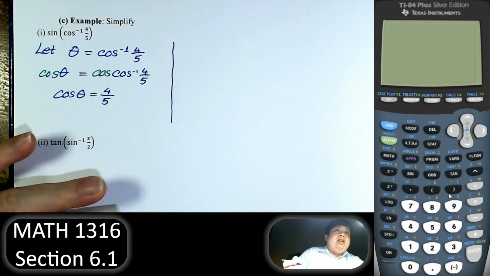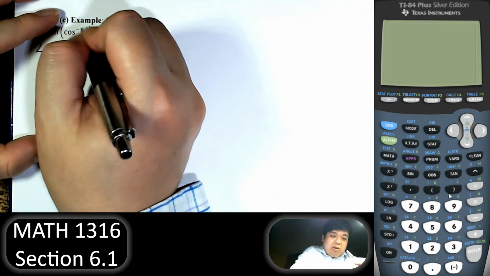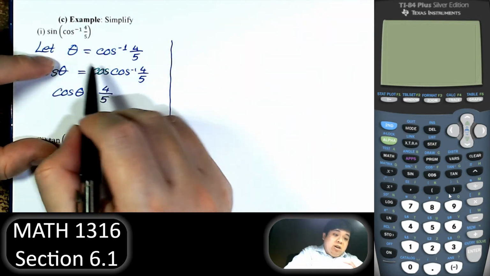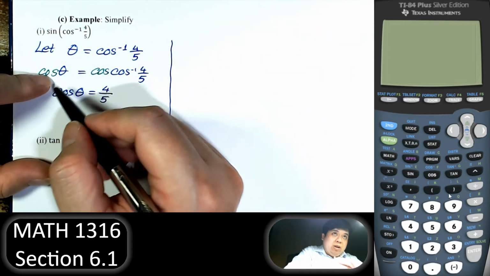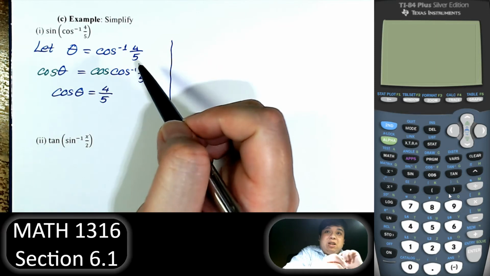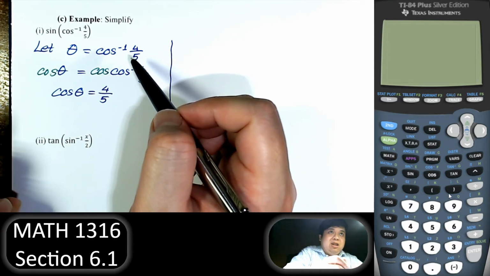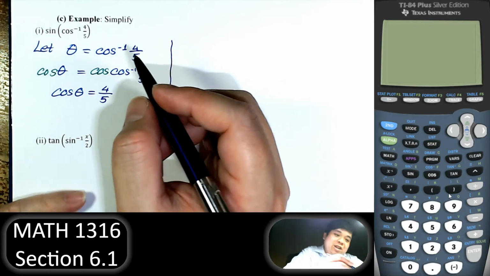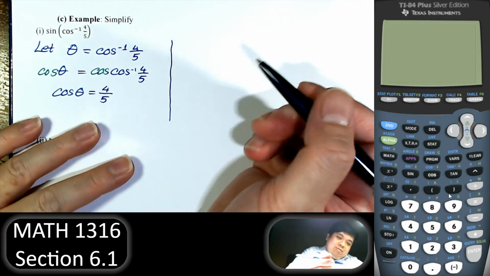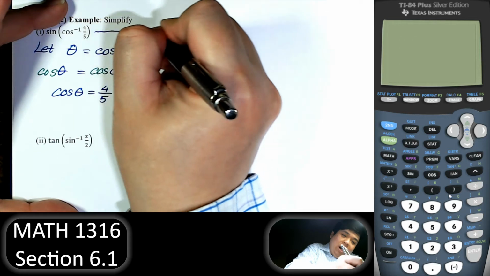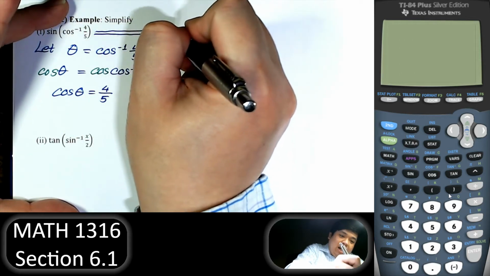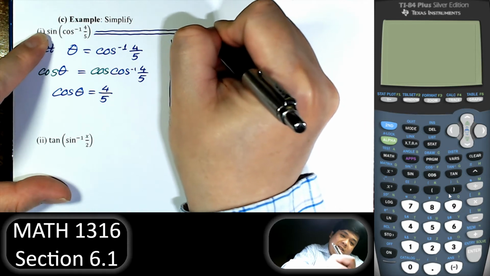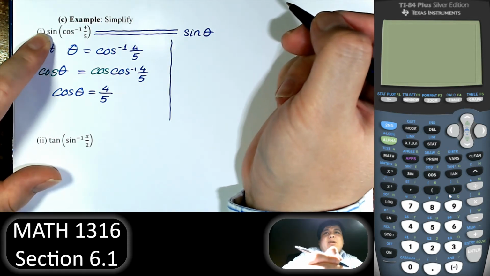That's simple enough, right? Let whatever is inside the inverse function be theta, and take the function on both sides to cancel out. The function cancels the inverse if it exists. Of course, when the question asks like this, it has to exist. So they cancel out. Since we let the inverse function inside be theta, this will be just sine of theta. That is easy.